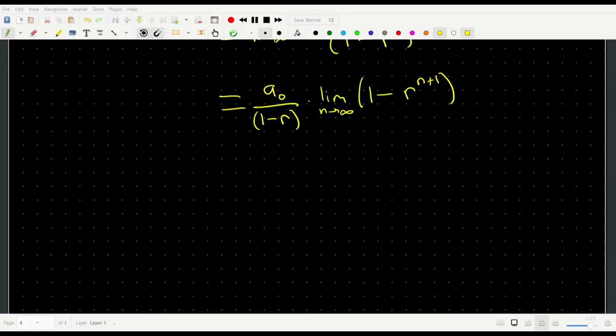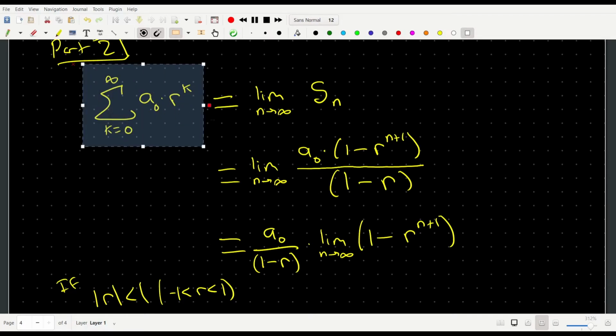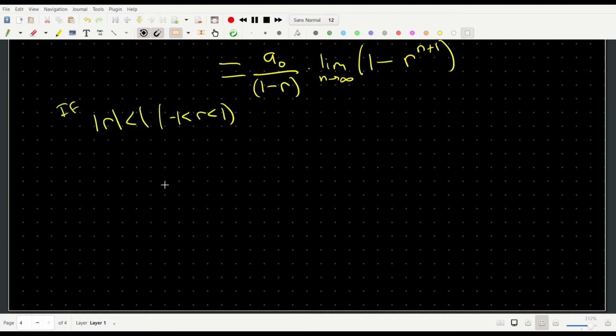In other words, the only way that this limit is going to exist is if the absolute value of r is less than 1, or equivalently, r is between -1 and +1. If this is the case, then the infinite geometric series will be equal to a naught over 1 minus r.